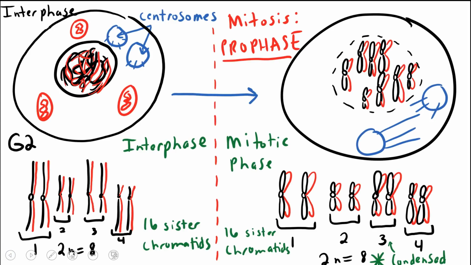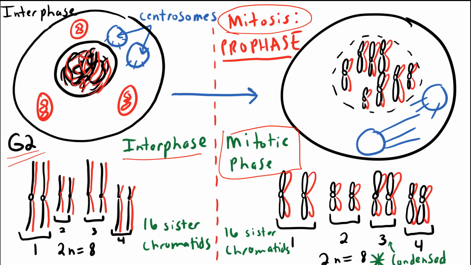Okay, so we're going to transition from interphase to this mitotic phase. So we're heading over here from G2 to the first part of the mitotic phase, which is mitosis. The first phase of mitosis is prophase. Okay, so we're doing this transition. The mitotic phase is shorter compared to interphase.